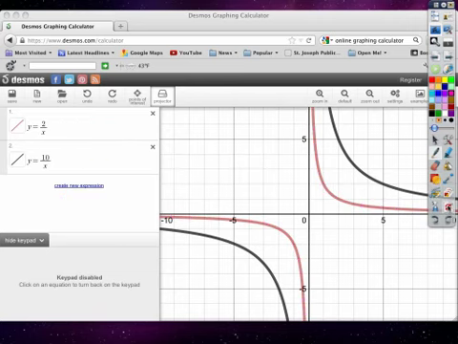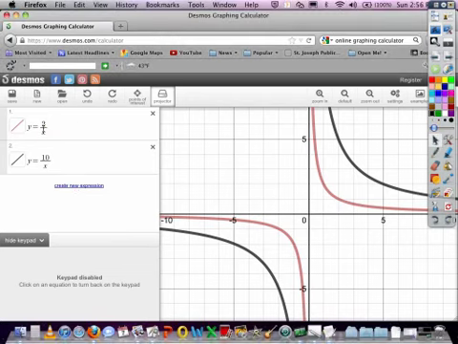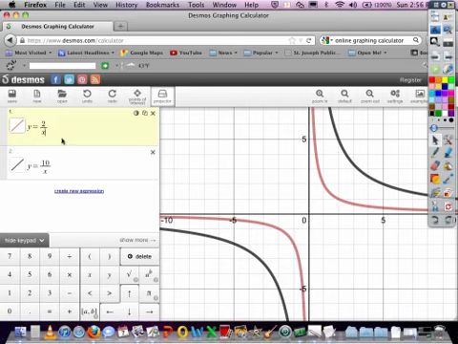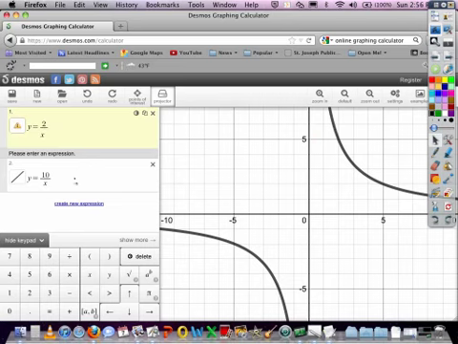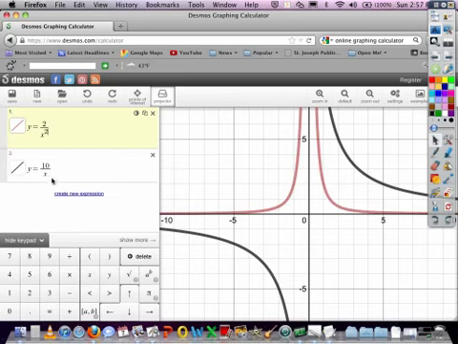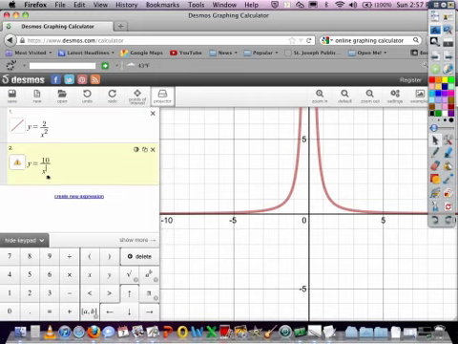All right, let's clean things up here a little, and let's see if we can edit our equations. I want to change this now to x to the power of 2. And down here, I want to change it to x to the power of 2 as well.